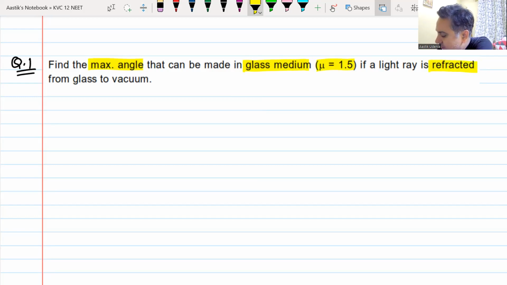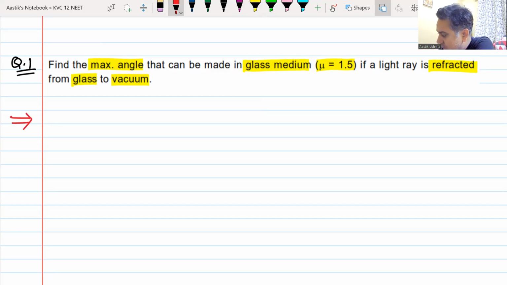Light is refracted from glass, denser, to vacuum, rarer. So which angle are they asking us? Critical angle. Find it out. How will you find it out?